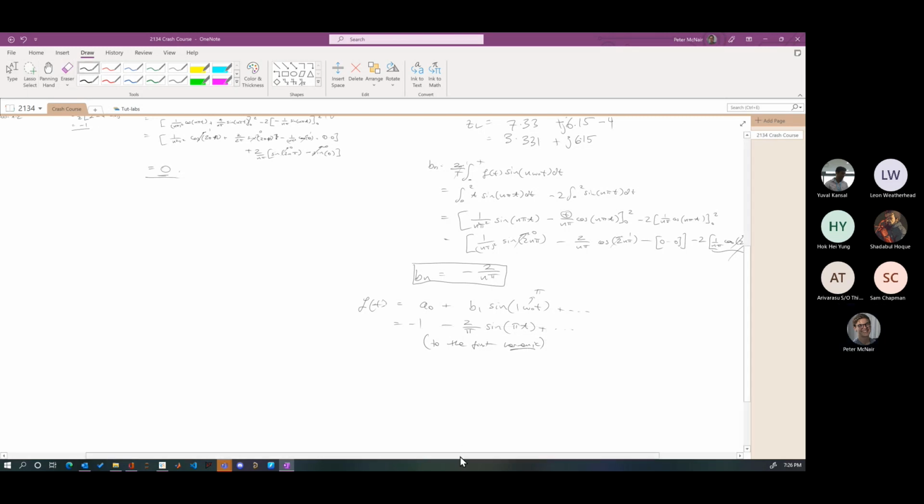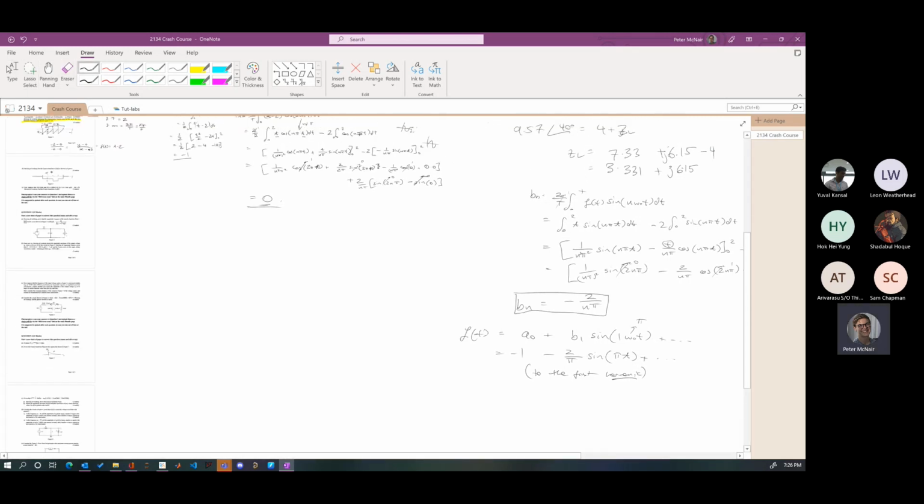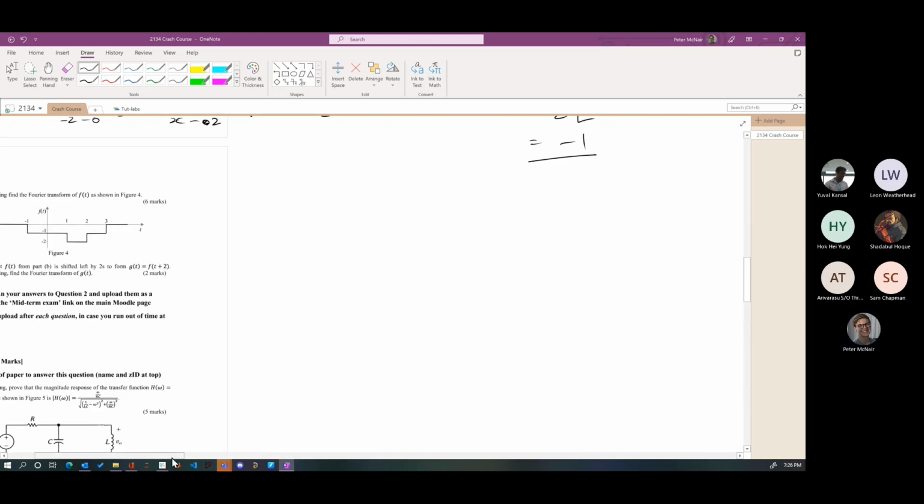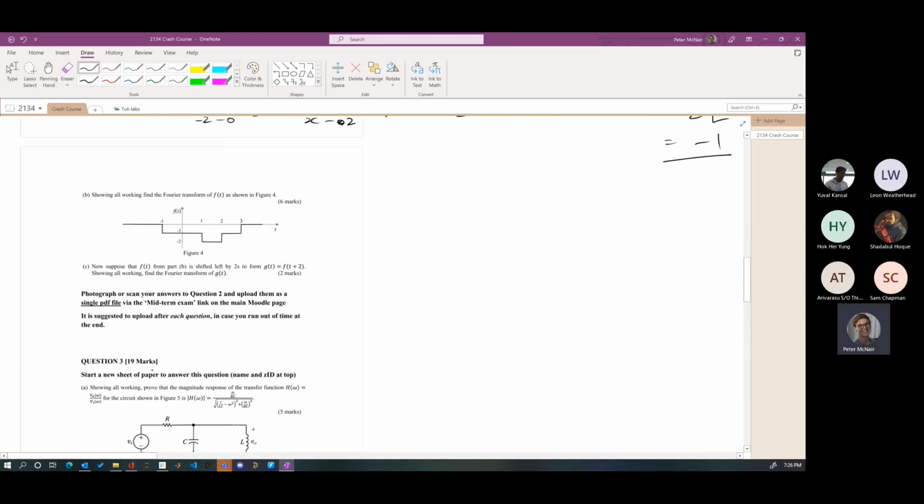So that first question gave us a periodic function. Now we're given this weird looking non-periodic function. So we've got essentially a bunch of steps.